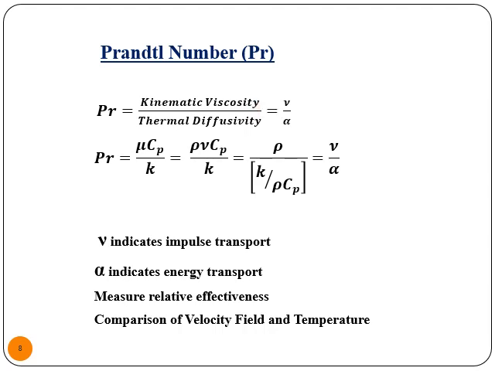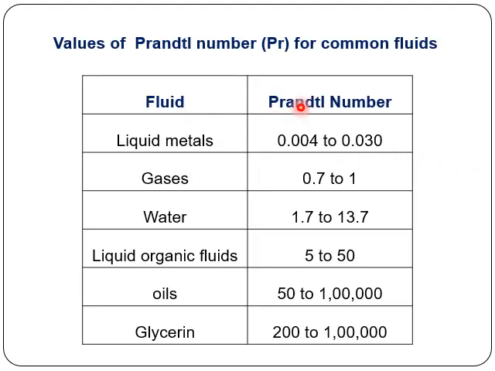So let me show you some of the values of Prandtl number for different fluids. For liquid metals, this value is very less because the conductivity is high. It is in between 0.004 to 0.03. For gases like air, it is in between 0.7 to 1.